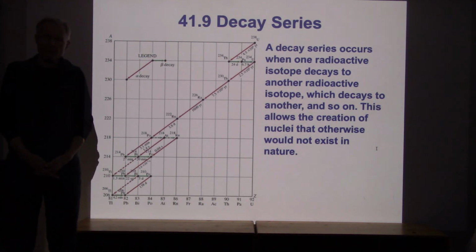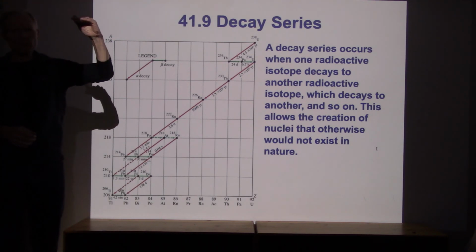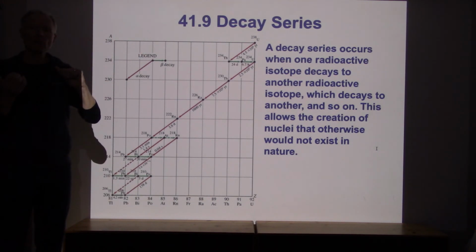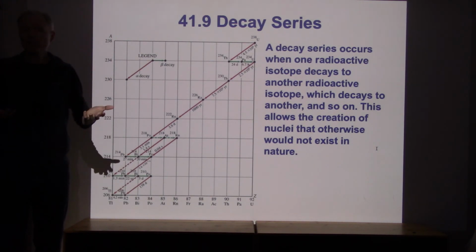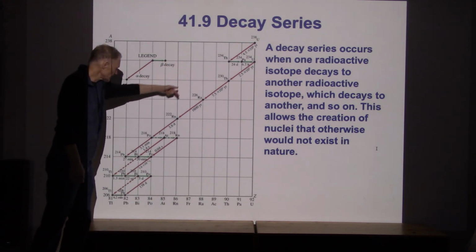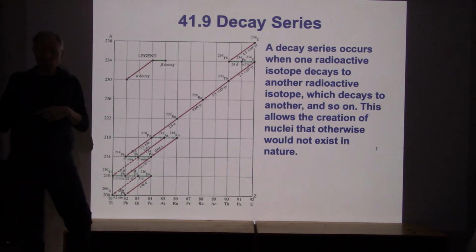But what happens is, when you keep doing alpha decays, you've got this extra surplus of neutrons, and as you do a series of alpha decays, that neutron to proton ratio actually keeps getting higher. And so every once in a while, after you've done a series of alpha decays, you need a few beta decays because you're building up too many neutrons.